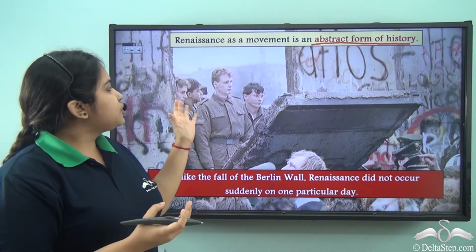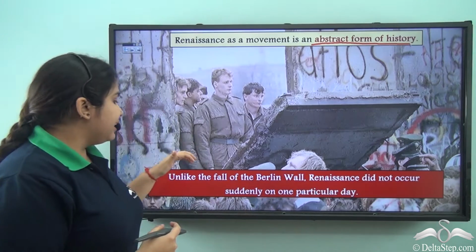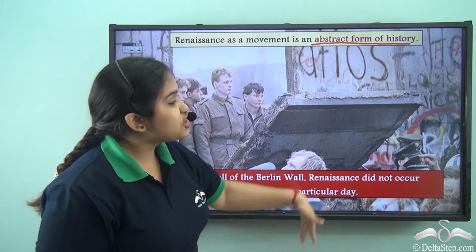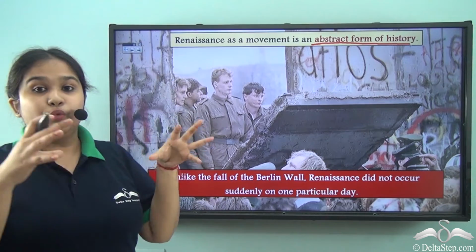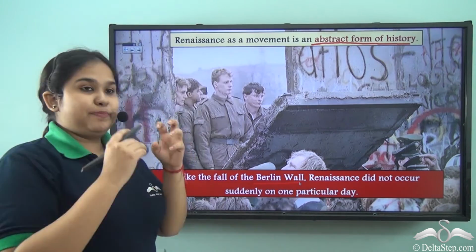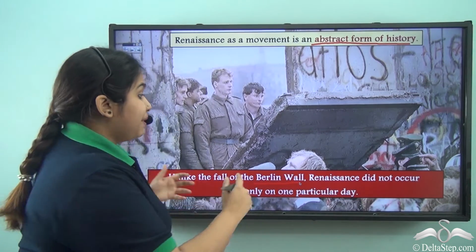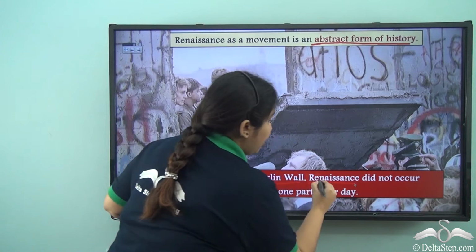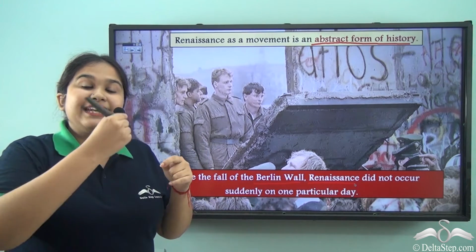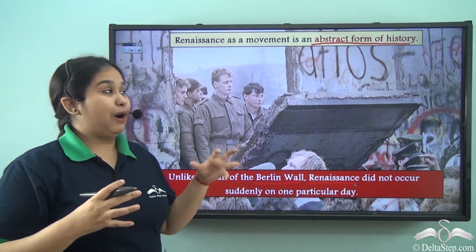For example, if we just try to compare it with a modern day example, when Berlin Wall fell, you can see the picture here of the army demolishing the Berlin Wall and people who were witnessing it. Right, when the Berlin Wall fell, it was a very specific event. People were there, it happened on a particular day. But Renaissance was not a particular day or a particular happening. It happened in one stretch. So it was a period that we are talking about.